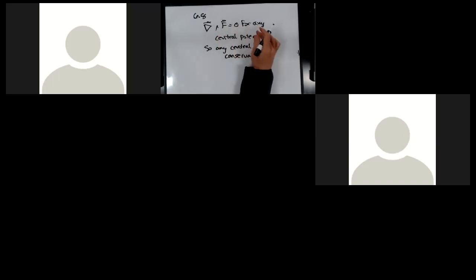Remember, del cross F equals 0 shows that, we did this back in, I can't remember which chapter it is, maybe 4. Anyway, del cross the force equals 0 means it's conservative, right?